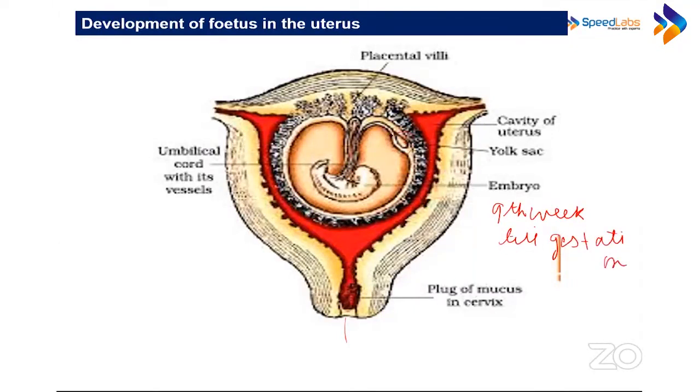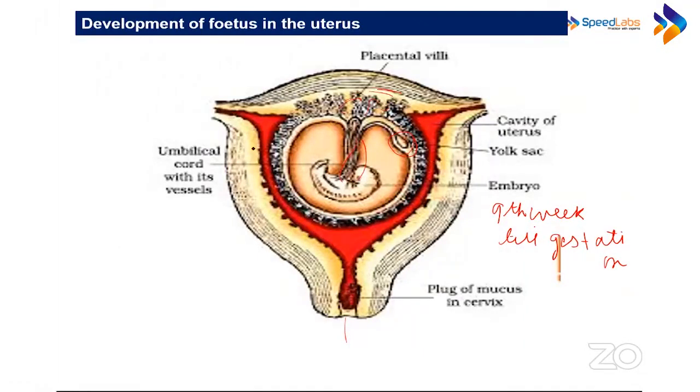Yolk sac degenerates, and this is the placenta. These are the placental villi. Here is the placenta. So the umbilical cord is connected to the placenta. Umbilical cord has 2 arteries, umbilical arteries, and 1 vein, so that all the useful substances from the maternal blood can enter the fetus, and similarly waste products of the fetus can go into the maternal blood.